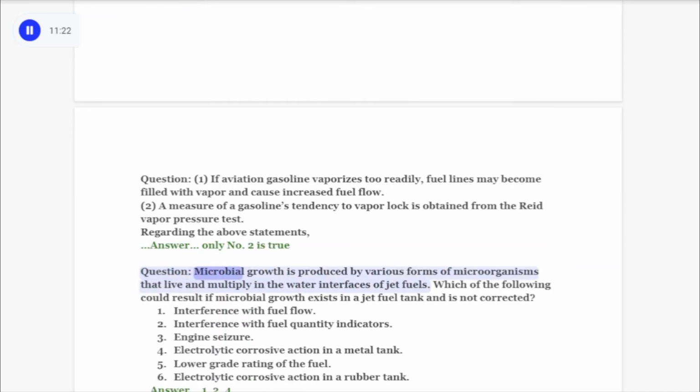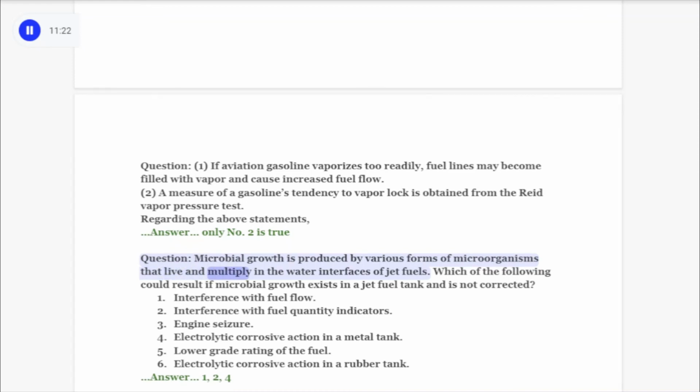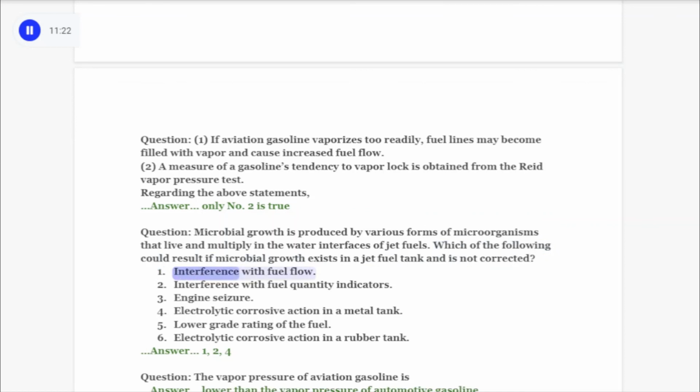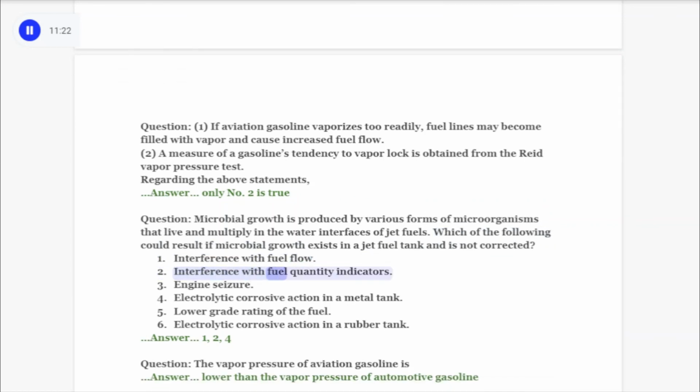Question: microbial growth is produced by various forms of microorganisms that live and multiply in the water interfaces of jet fuels. Which of the following could result if microbial growth exists in a jet fuel tank and is not corrected? 1. Interference with fuel flow. 2. Interference with fuel quantity indicators. 3.